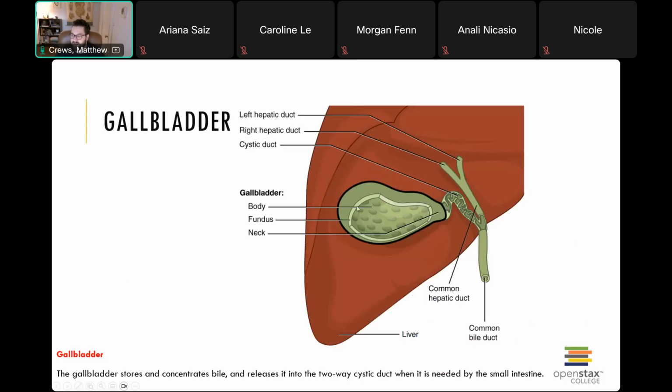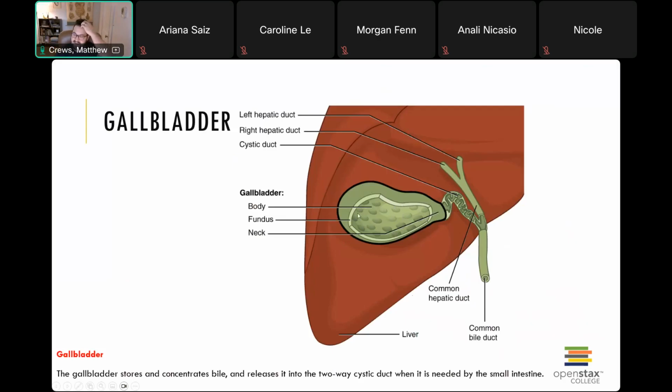So the gallbladder has a body, and then it has a fundus, just like the stomach has a fundus. It's got a little bulgy part. And then it's got a neck. So there's a neck right here. And then when you need the bile, you're either creating and storing it up or you're pumping it out.